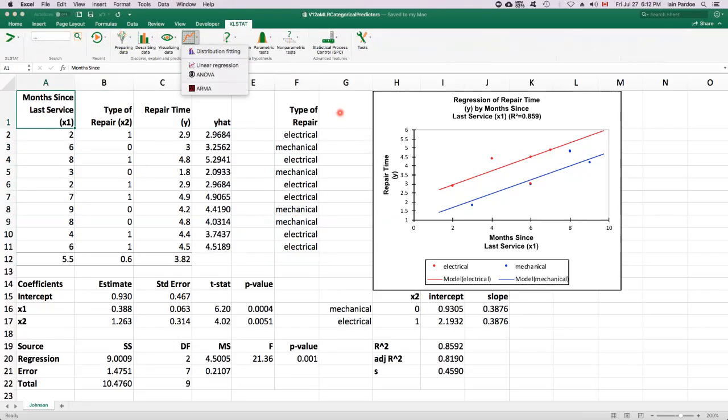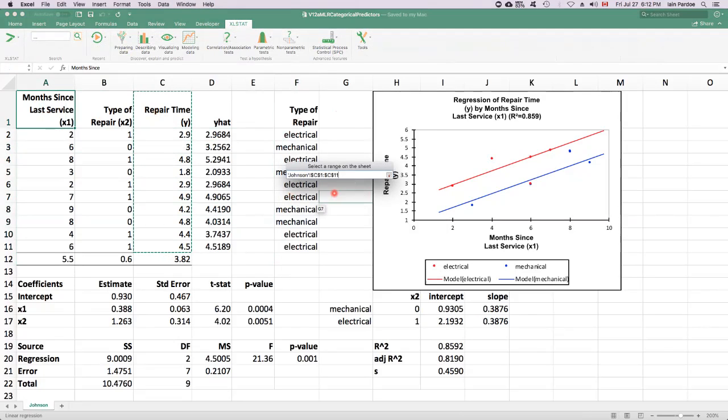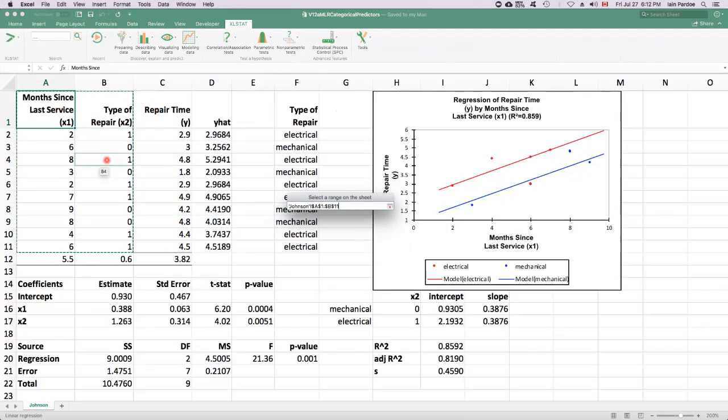It's a linear regression model, as usual. The response variable is repair time, and there are two quantitative predictor variables, X1 and X2, because I've turned this qualitative predictor into a quantitative predictor by using the indicator variable.